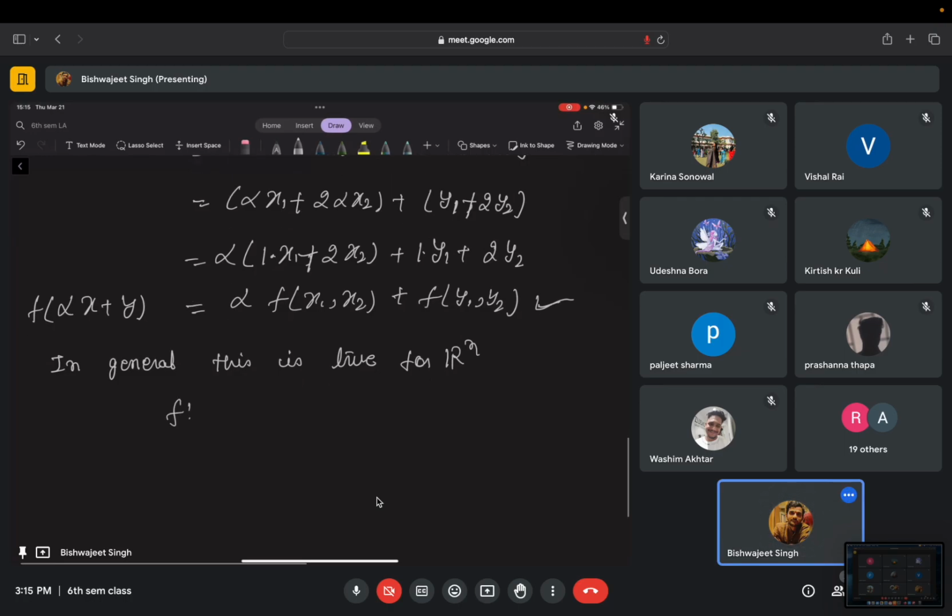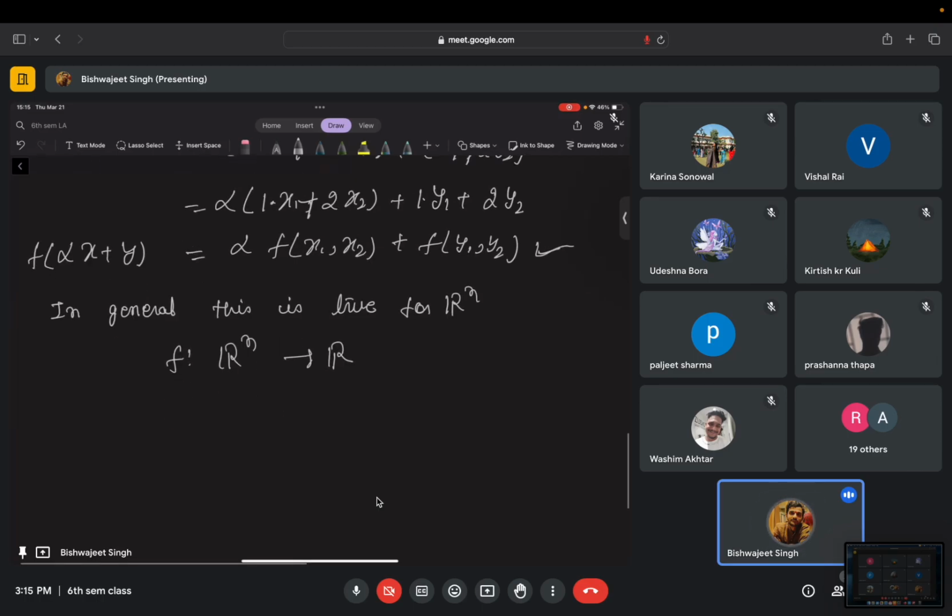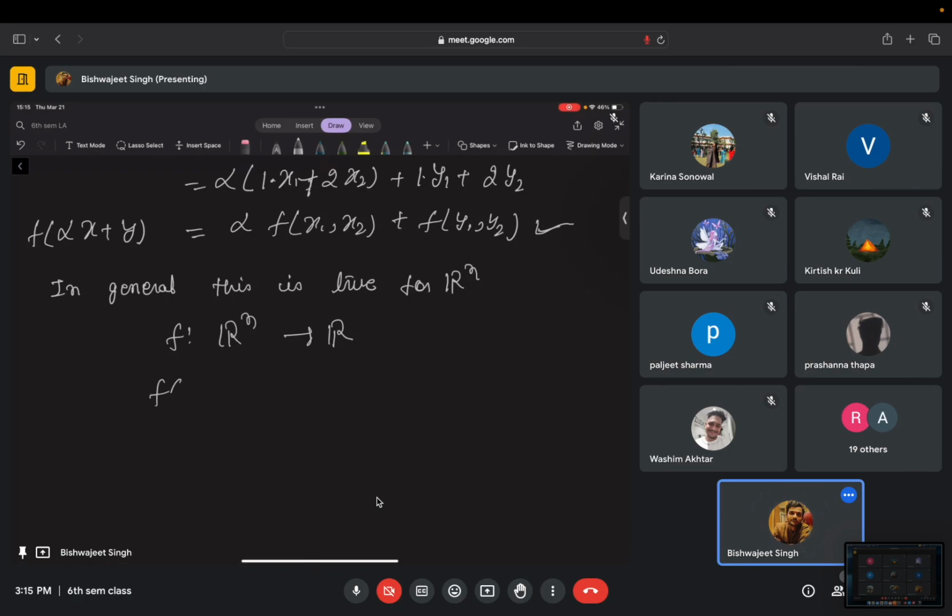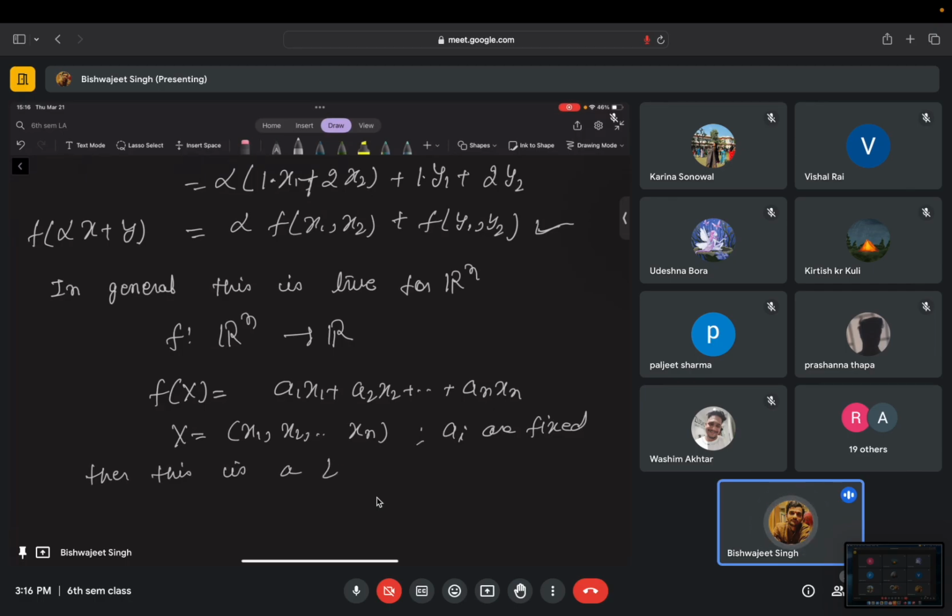That is to say, if the function is from Rn to R, I am just writing it again so that we can have some kind of continuity, and we define f of x is equal to a1 x1 plus a2 x2 up to an xn, where my x is x1, x2, up to xn, and each ai belongs to R, fixed, then this is a linear functional.